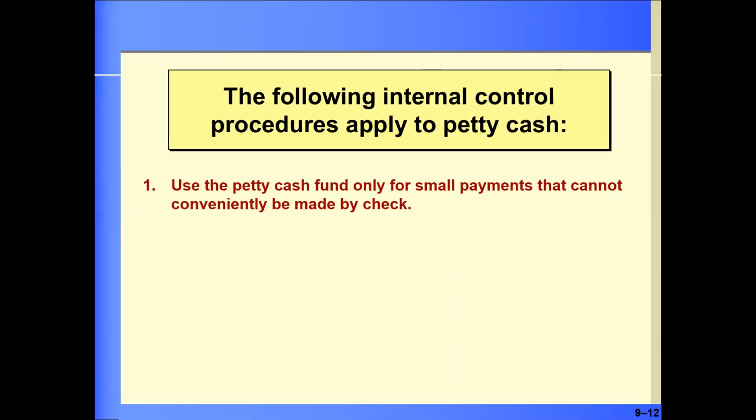Do you ever have the postman come in with paid on delivery type of things, and they can't drop the mail off unless postage is already paid? Right. And he's standing there, and there's no time to write a check and get it signed. He's dancing in your lobby and he needs to get moving. So pay him the postage and let him go, and that's a petty cash fund reason.